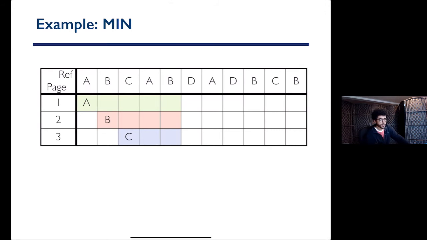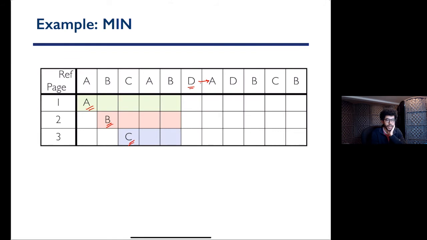Now D comes. I'm going to run min. Min means that I'm going to look into the future and see which one of the candidates, being A, B, and C, is going to be accessed the furthest in the future. If I look into the future, I will see that I'm going to access A right after this.